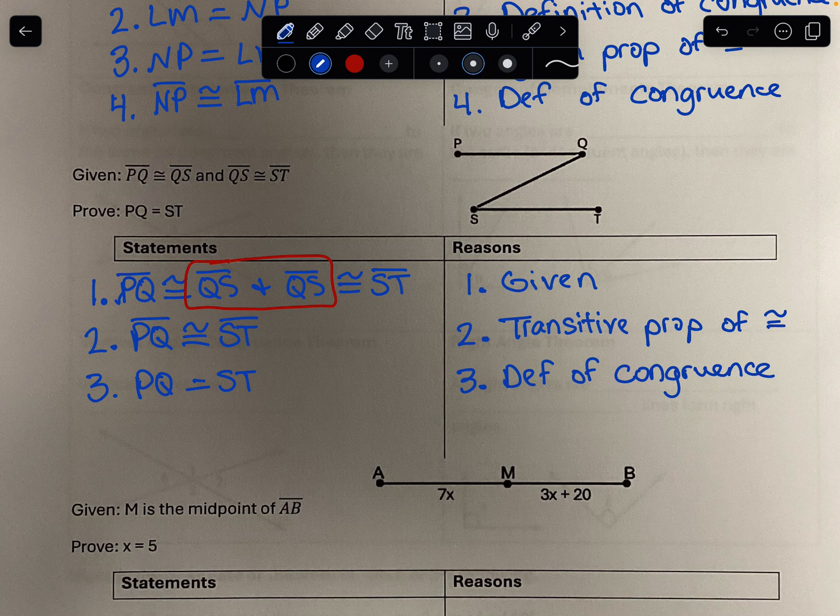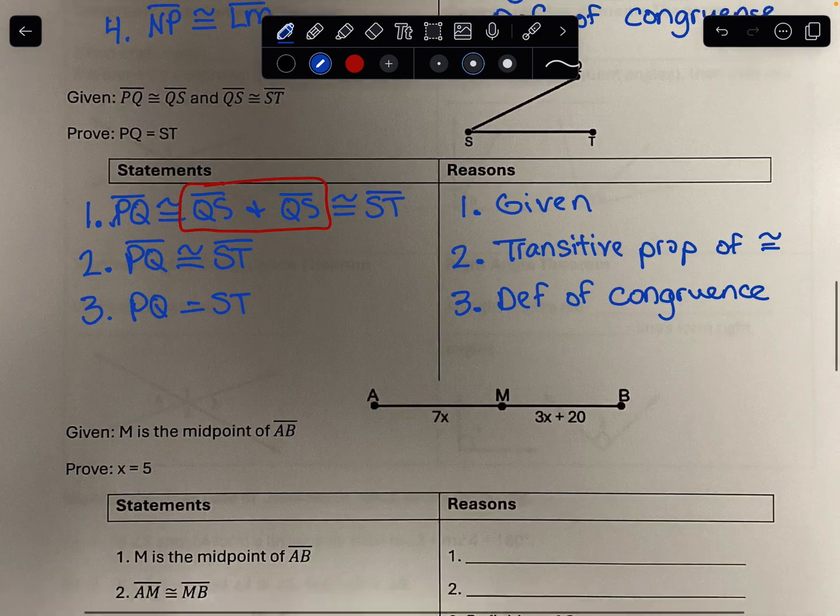Okay? It's not too bad, right? I know some of it is requiring you to kind of look at it and think, but again, when you get to your work today, it's kind of like fill in the blank. It might give you the reason and you just have to fill in the statement, or it might give you the statement and then you fill in the reason. So it is a little easier for you when we get to those on your own, okay?